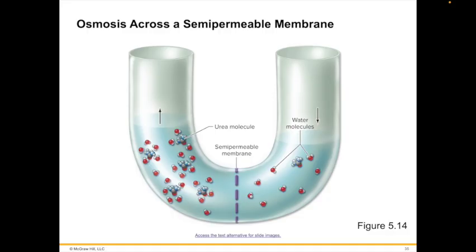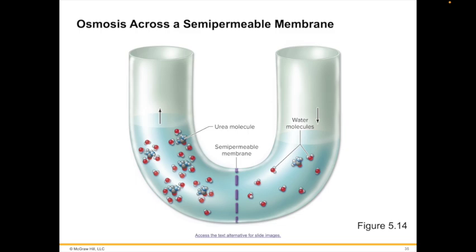This net diffusion of water across a membrane toward higher solute concentration is called osmosis, and this is shown before you now. The concentration of all solutes in a solution determines the osmotic concentration of a solution. If two solutions have unequal osmotic concentrations, the solution with the higher concentration is hypertonic, and the solution with the lower concentration is hypotonic.